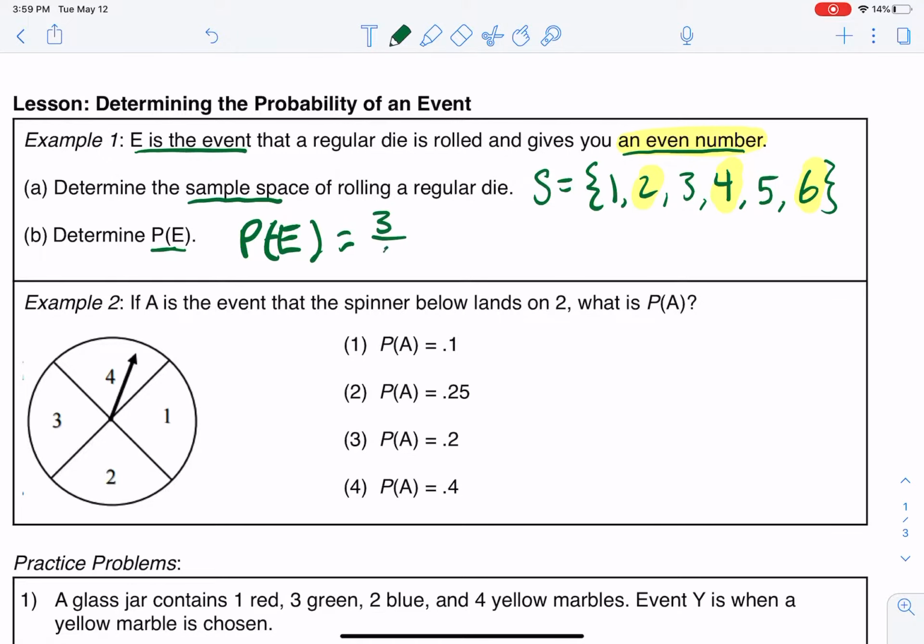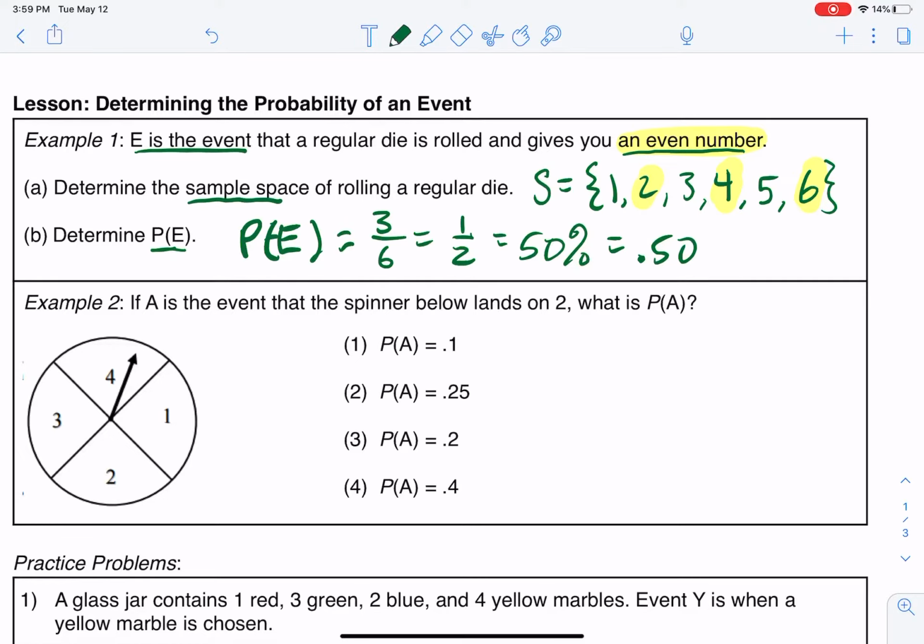So the probability of rolling an even number is 3 out of 6, and that simplifies, of course, to 1/2, or 50%. All those are equivalent probability statements.